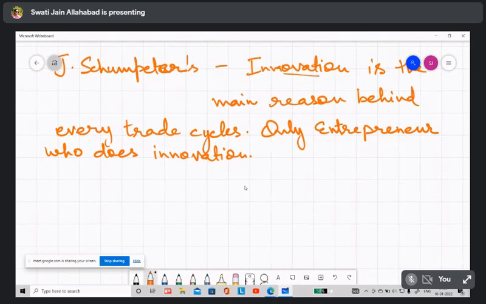Now the point is, what is innovation? It is not very difficult to understand what is innovation, but let us see a few things, how innovation is explained.